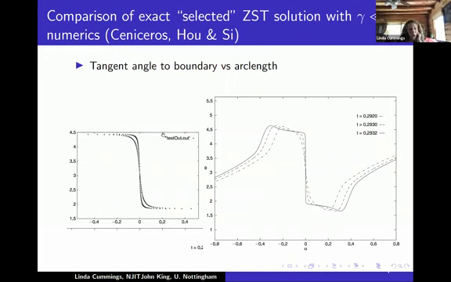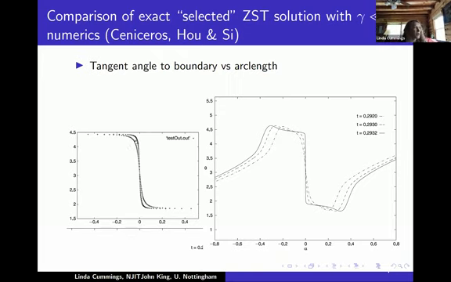I can show you a comparison with what our 0 surface tension solution family looks like when you compare it with the small surface tension numerics of Sinistros, Hu, and C. So what you're seeing here is the tangent angle to the free boundary plotted as a function of arc length, or scaled arc length, along the boundary.